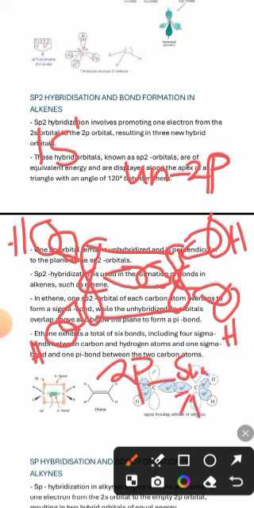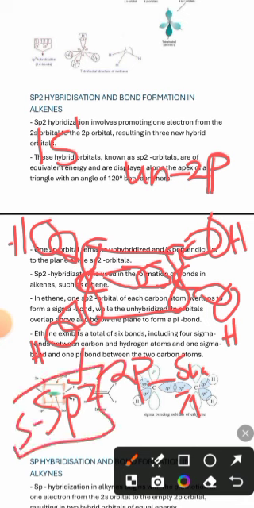Why? This carbon overlaps its sp2, so this bond is an s to sp2 bond, an s to sp2 bond. This carbon and hydrogen: the hydrogen is representing the s orbital, and this carbon is having this sp2 orbital. So the overlapping of these two orbitals will give us a sigma bond.